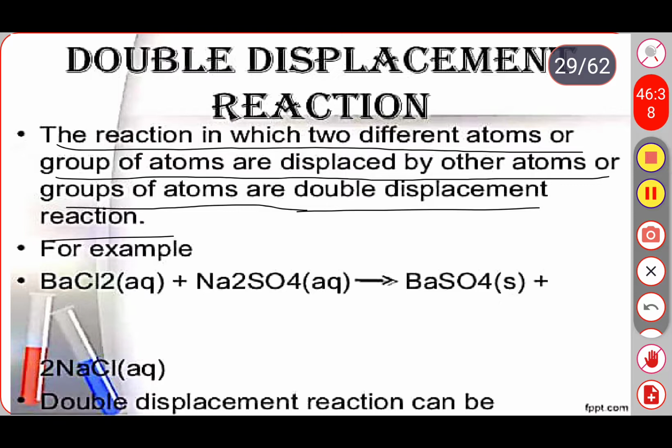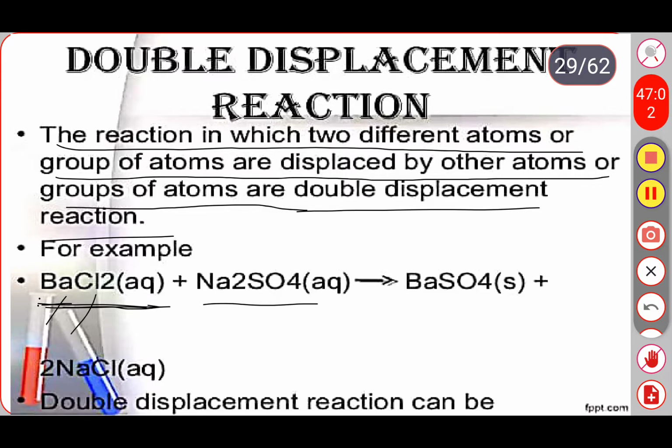Listen here, for example, when barium chloride is combined with sodium sulfate, what are the ions of these given compounds? Barium chloride, BaCl2. So these are the two elements or atoms combined together in the first compound. In the second one, Na2 and SO4, right?